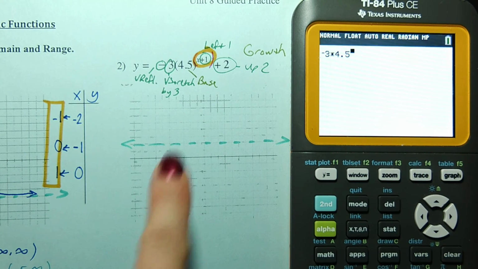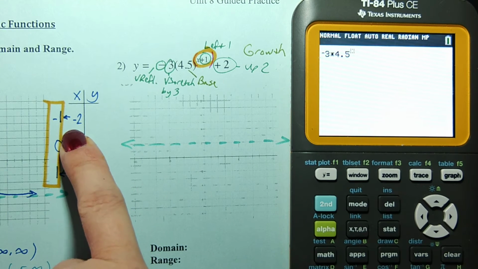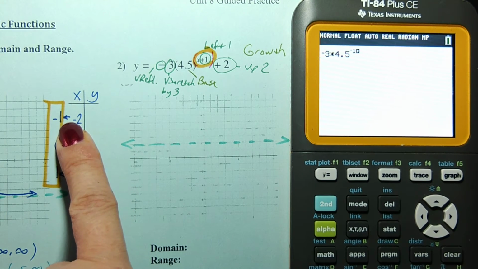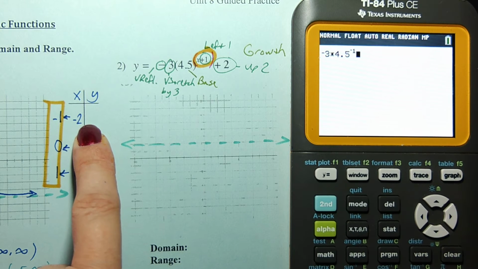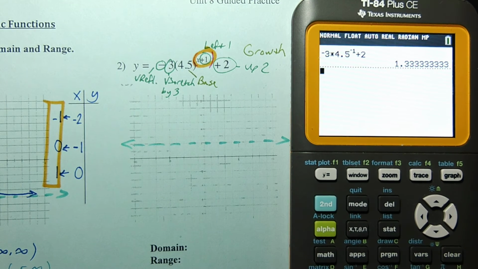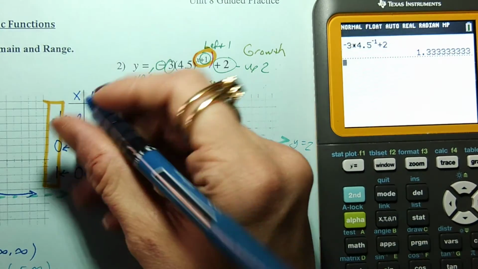So you could either do in parentheses -2 plus 1, or we can just write to the -1. And then plus 2. That gives me 1.3 repeating, or 1 1/3.